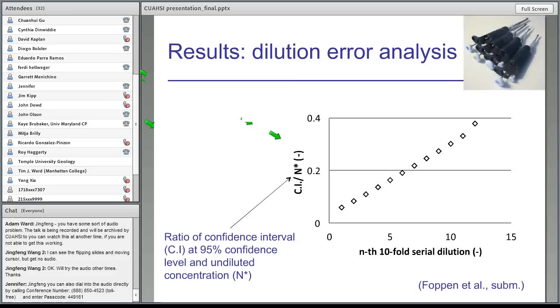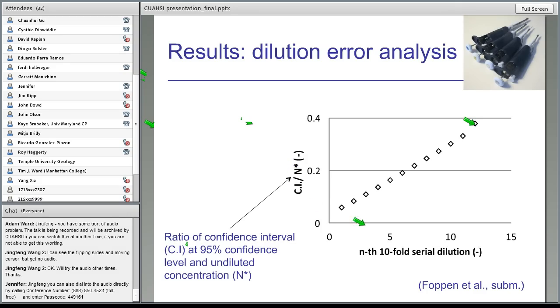The most important thing here is this graph. On the x-axis you have the nth tenfold serial dilution, so here we have our most diluted sample, which has been diluted 13 tenfold times. And on the y-axis is the ratio of the confidence interval at a 95% confidence level and the undiluted concentration.